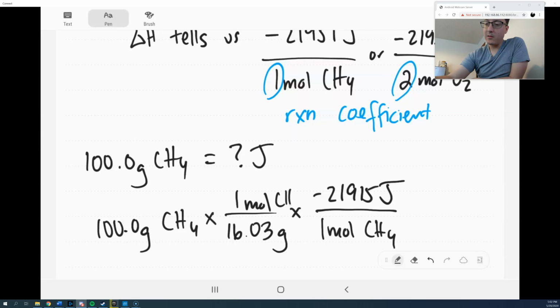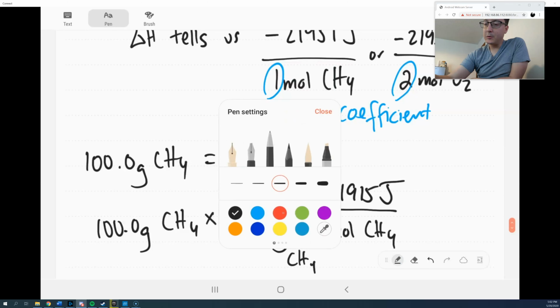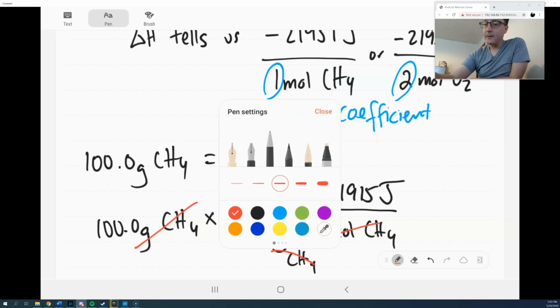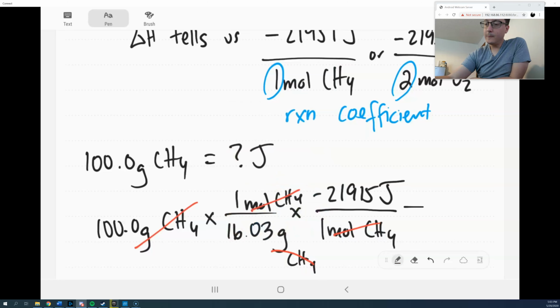Let me finish up my units here. And so we can see that, as always, our units should cancel out. Doing this math, 100 divided by 16.3 times 21,915.